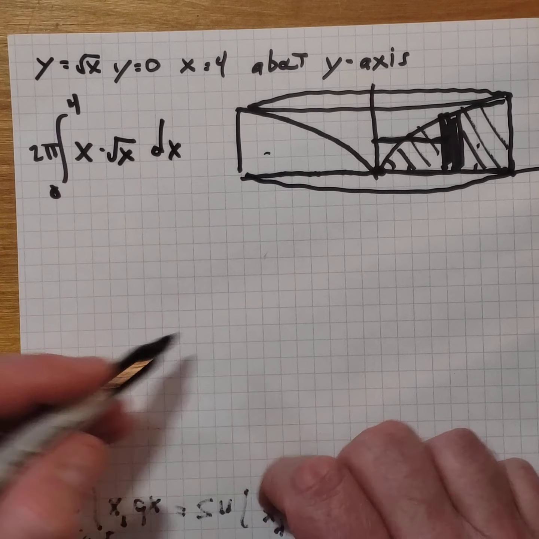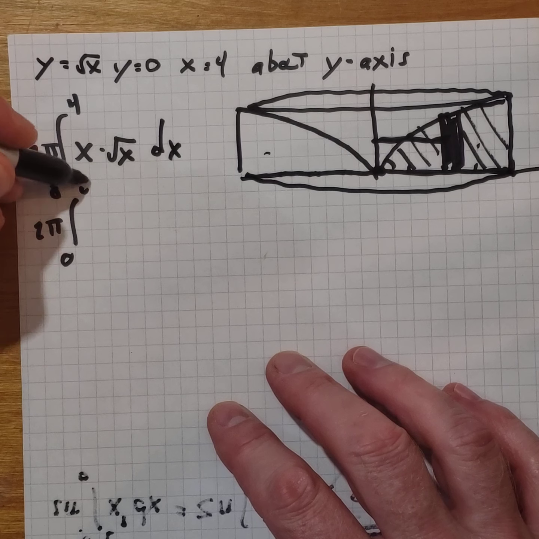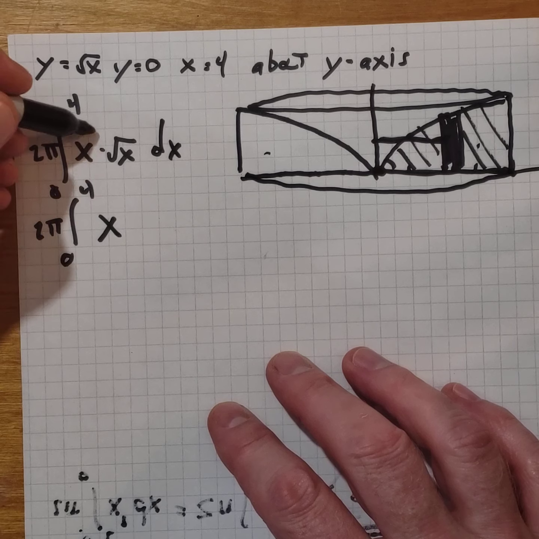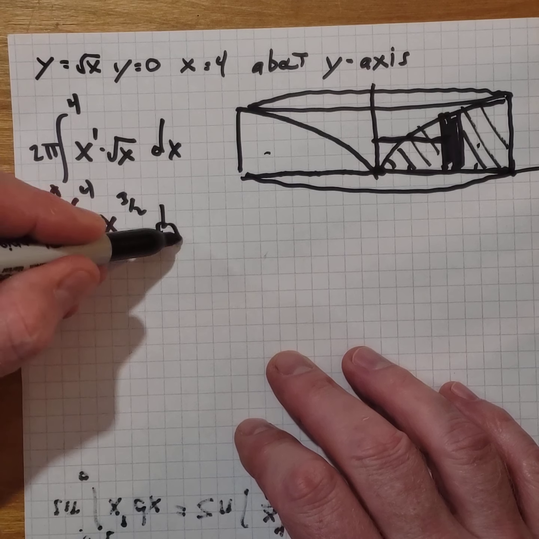That's the thickness of the shell. So that's going to be 2 pi, 0 to 4, of x to the 1 power plus 1/2 power, so that's going to be 3/2 power.